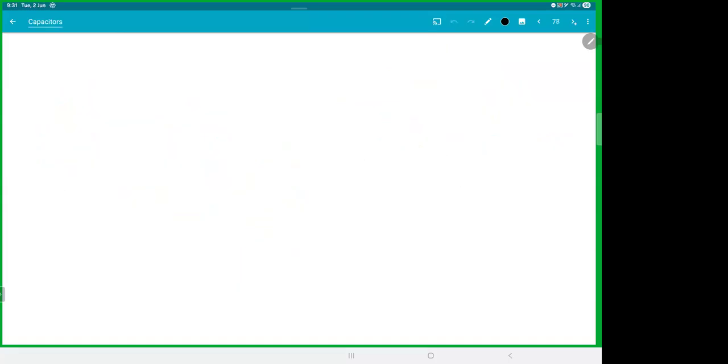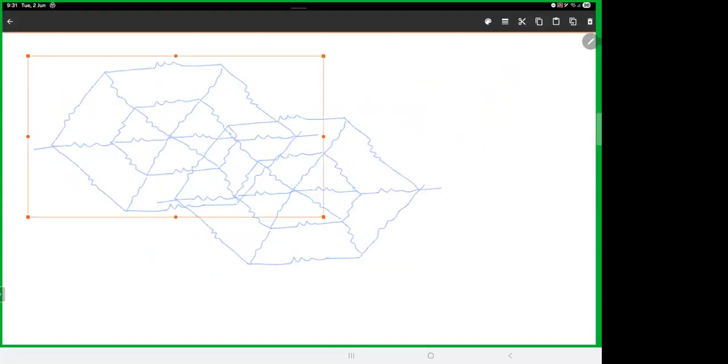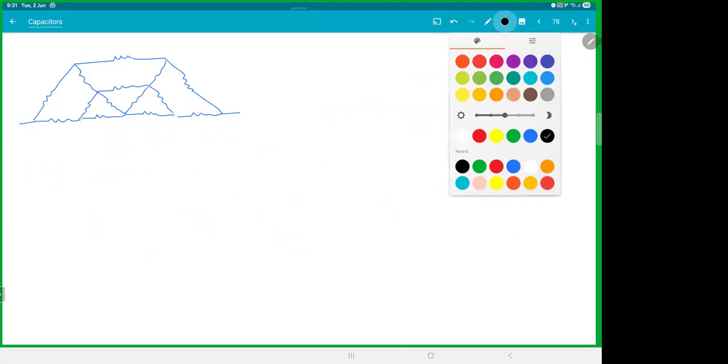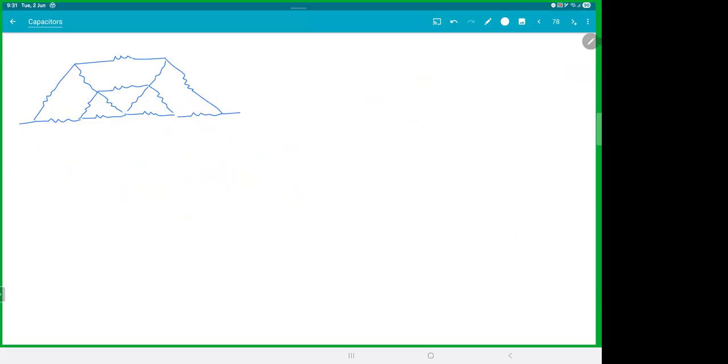Now if you open that line, let's draw it again. This junction can be opened up. Again, what are the values?